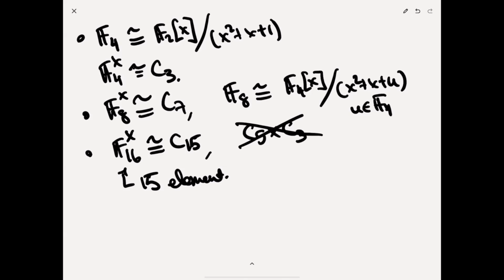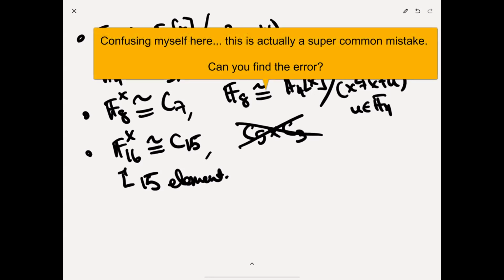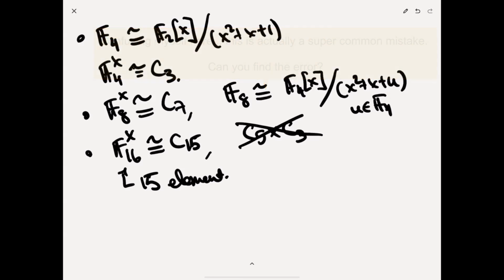I guess another way to do it is we could have shown that C7 is inside C15. Let's see, C7 is F8 cross. Yeah, that's right, huh? What am I doing wrong here? Because 7 does not divide 15.